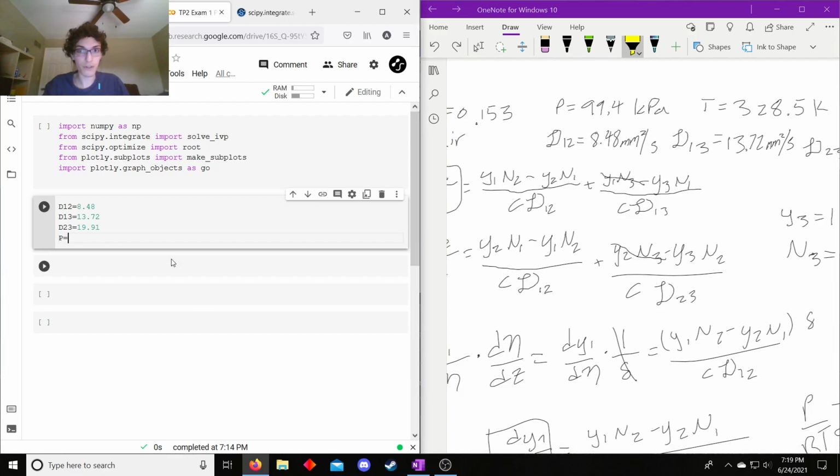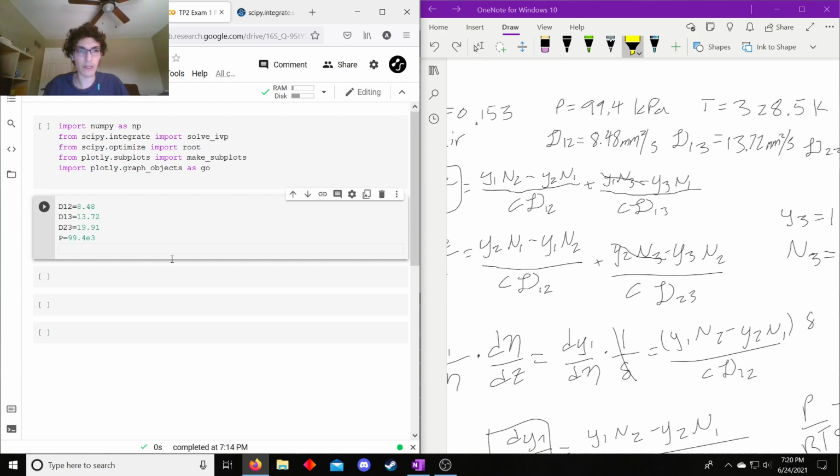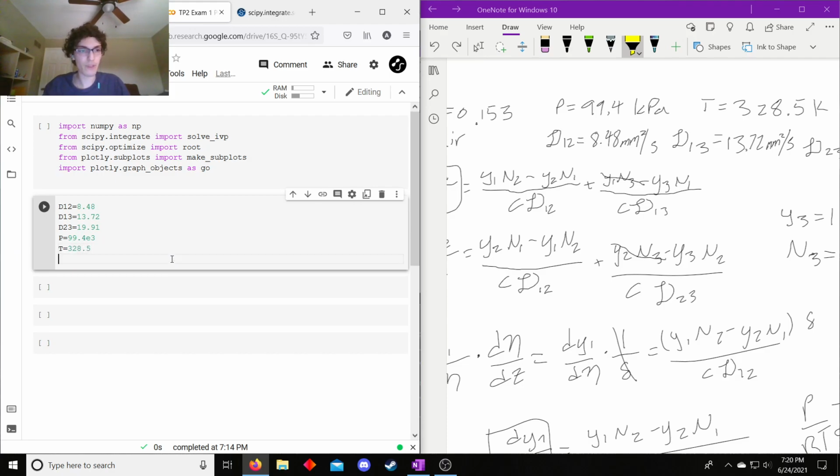We're going to put in our pressure, which is 99.4 kilopascals. So that's going to be 99.4 times 10 to the third pascals. And then we're going to do our temperature, which is 328.5 Kelvin. We're going to be using concentration, as you can see down here in our Stefan-Maxwell equation.